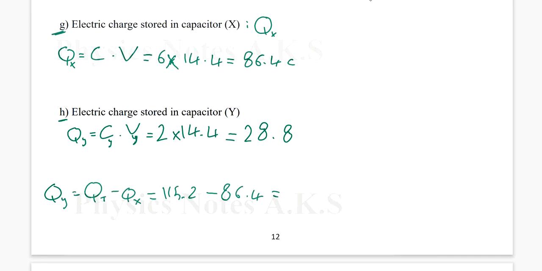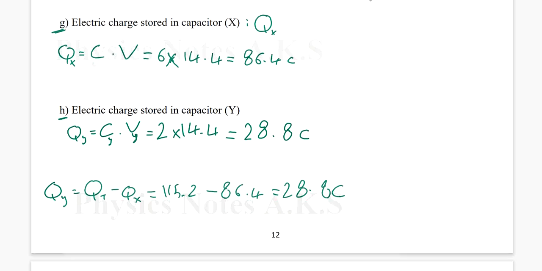Oh, instead of writing 86, I wrote 68. I'm sorry. Okay, 86. Yeah, I got 28.8. Basically the same answer. Remember, this is coulomb and this is coulomb.